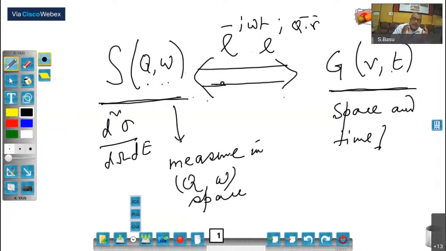Then this e lambda prime t and e lambda t, I took inside the averaging of lambda prime lambda, and I showed you that this becomes e to the power minus i h t by h cross, into a function e to the power i q dot rj, e to the power i h t by h cross lambda. And the central part gives the time evolution of the operator rj. After that, I defined an S of q, omega, I defined a g of r, t, and I showed you what this S of q, omega is basically measuring. I'll again go back.